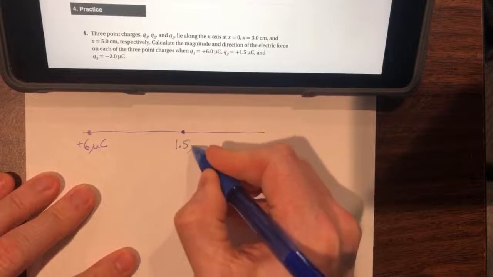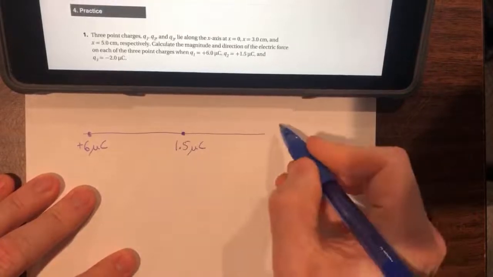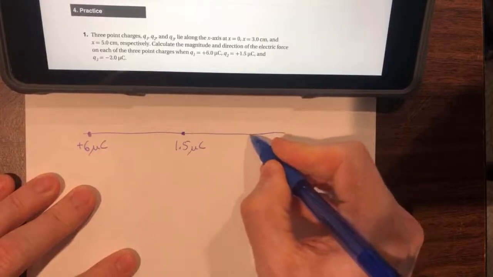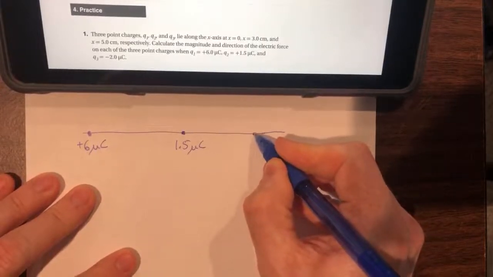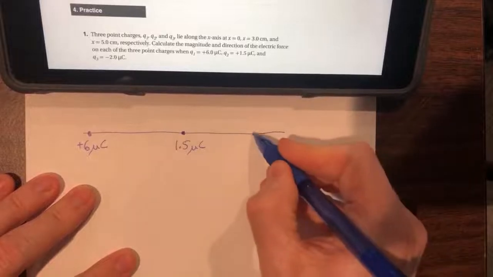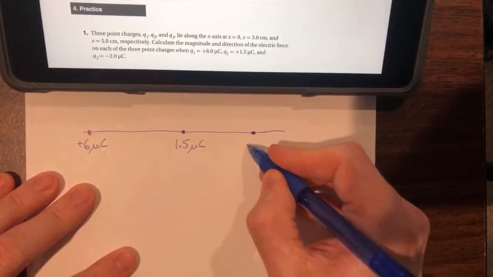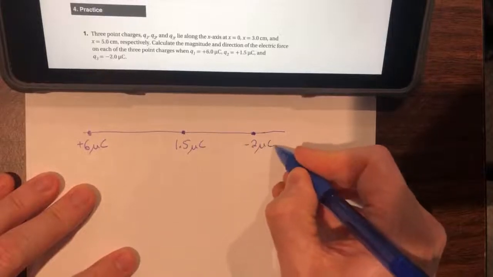And this is going to be 1.5 microcoulombs. And then another one at 5 centimeters, a little bit closer. It's not drawn to scale, whatever, which is -2 microcoulombs.